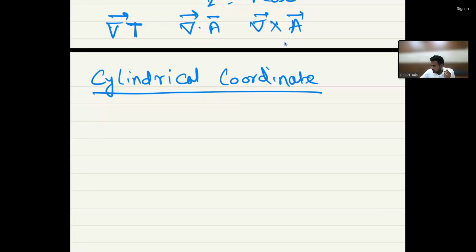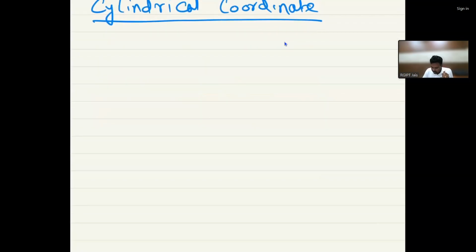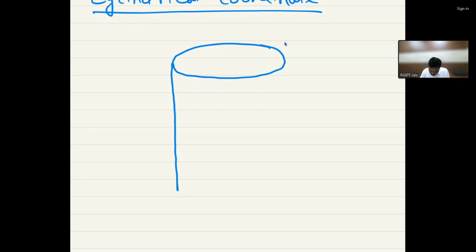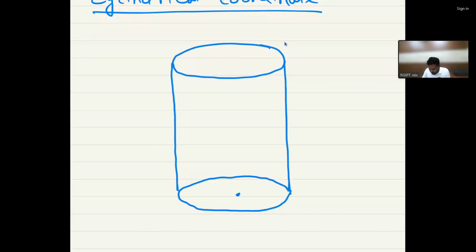We gave you this example of a cylindrical coordinate system that you can attach on a cylinder surface. Let's say this is your cylinder, and at the base we can attach a coordinate system again.